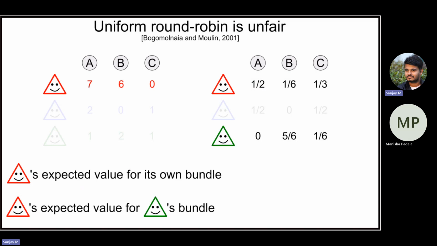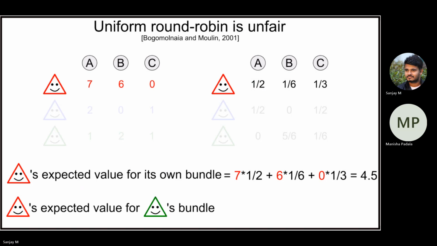Let's look at its value under both of those distributions. For the red agent, the value of its own bundle, its expected value, would be these values scaled by these probabilities. If you just stare at it for a second, it comes out to be 4.5. So the expected value of red agent under the uniform distribution is 4.5. And the expected value of red agent for green's bundle, surprisingly, turns out to be more than 4.5. It turns out to be 5.